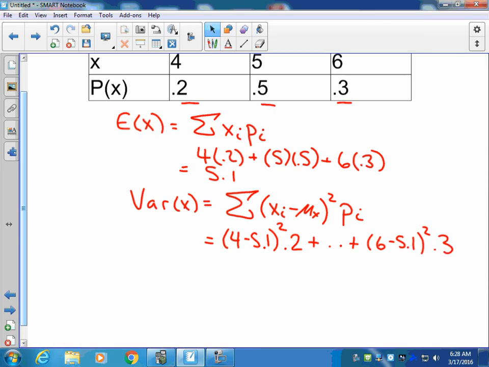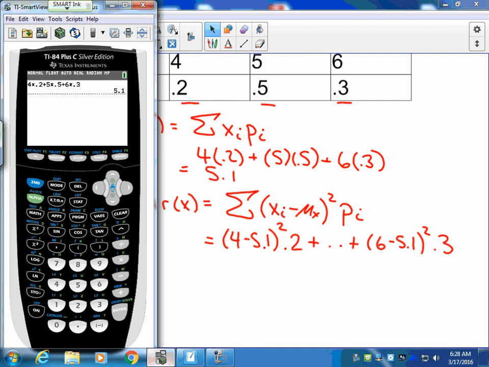So we work through, we can crank this out quick on the calculator: parenthesis 4 minus 5.1 quantity squared times the probability of 0.2, plus parenthesis 5 minus the average squared times its probability, and then plus 6 minus the average quantity squared times its probability.